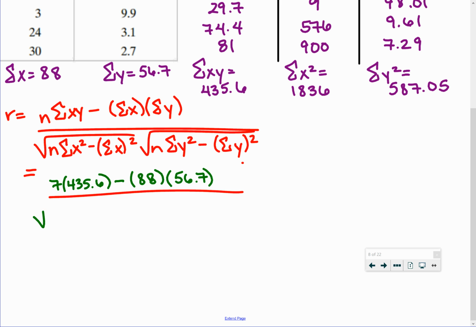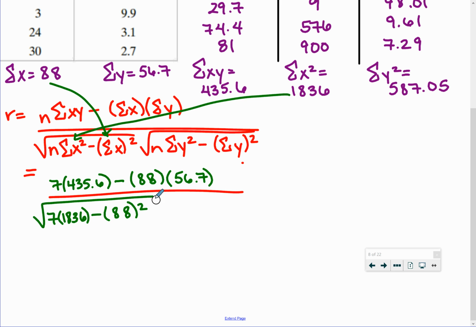In my square root, n again, 7. So sum of x squared, no parentheses, is that 1836 minus the sum of x, that's our 88, squared.